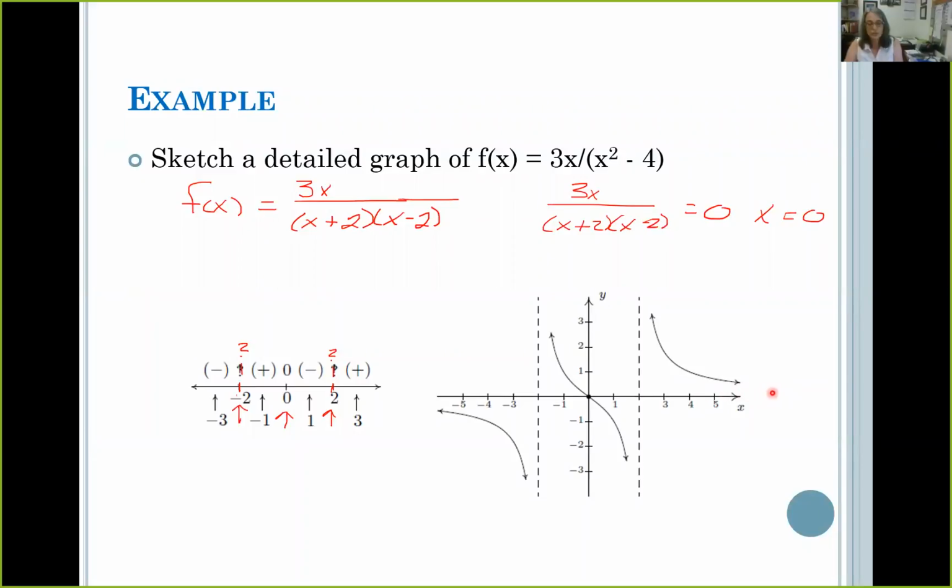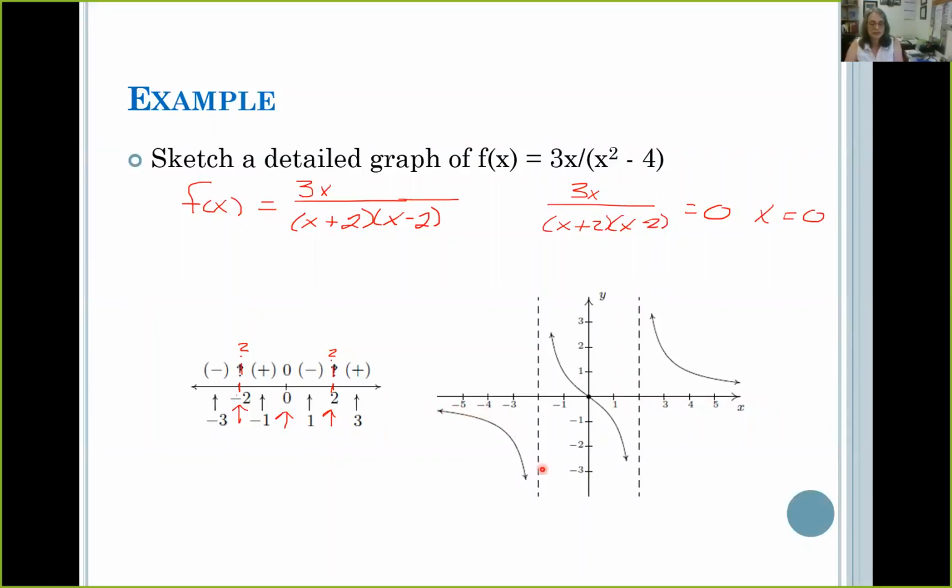It's down here somewhere. What happens as x gets closer and closer to 2? If you use your table and your graph, you find that it goes up. So that means that our function looks something like what is sketched here, above 3. It gets close to but doesn't cross this vertical asymptote. In the middle, we cross the x-axis.